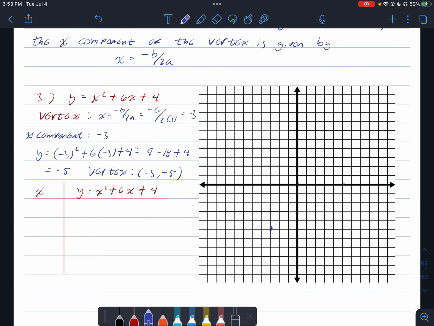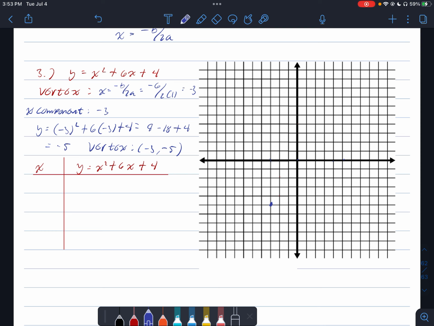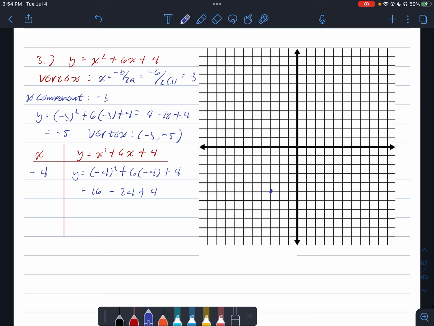Okay, so let's plug in negative 4. So we'll get y equals negative 4 squared plus 6 times negative 4 plus 4. Negative 4 squared is going to be 16 minus 24 plus 4, which will be negative 4.